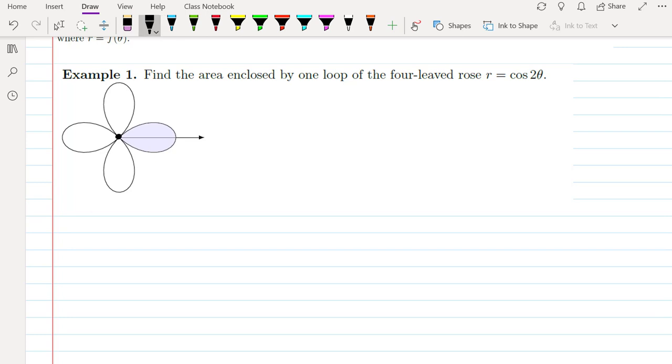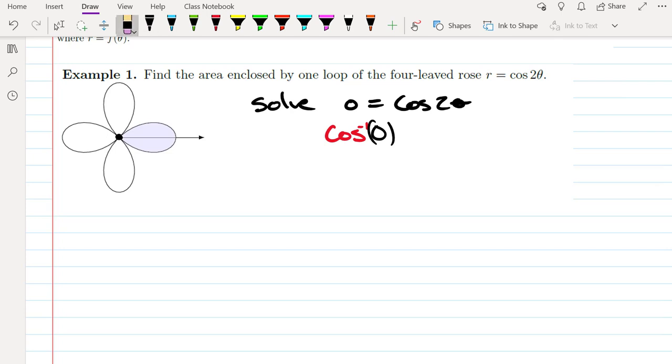So we want to know, when does our radius equal 0? So we need to solve the following: 0 equals the cosine of 2 theta. If we take the inverse cosine of both sides of this equation, we have the inverse cosine of 0 is equal to the inverse cosine of the cosine of 2 theta, and they cancel out.